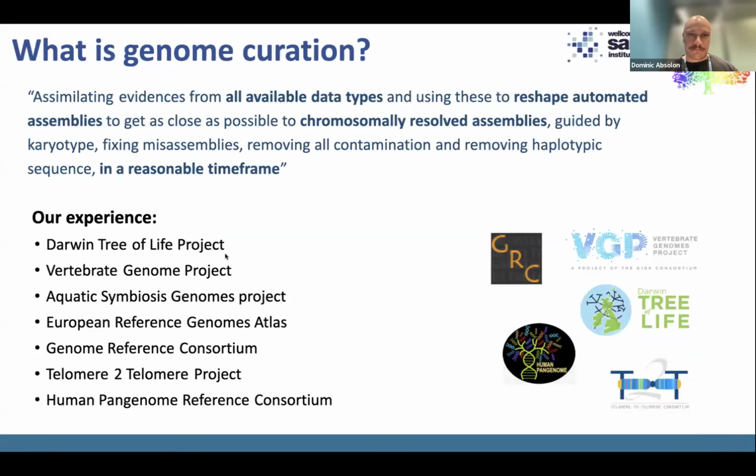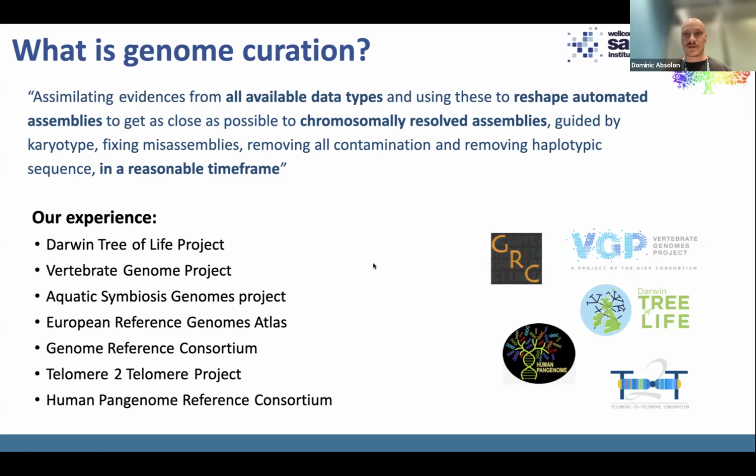So what is genome curation? We're basically taking raw genome assemblies, and taking all available data and elevating that assembly to essentially chromosome level resolved assemblies. We use data types, predominantly HiC, but we also use karyotyping information.